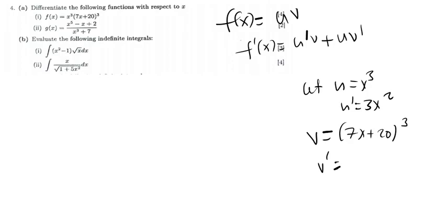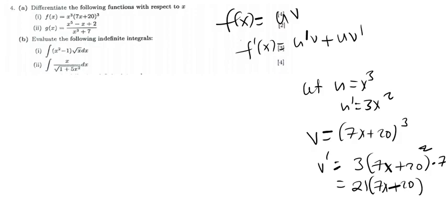Drop the power, the inside part remains the same. The power reduces by 1, so it will be 2, times the derivative of what is inside, which is just 7. And you end up having 7 times 3, it will be 21, open brackets 7x plus 20, to the power 2.